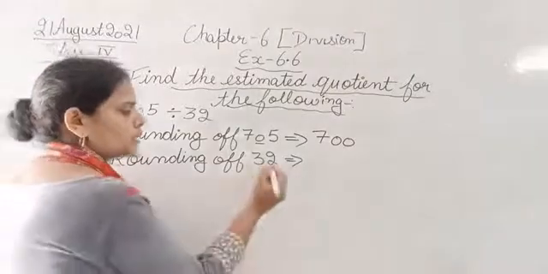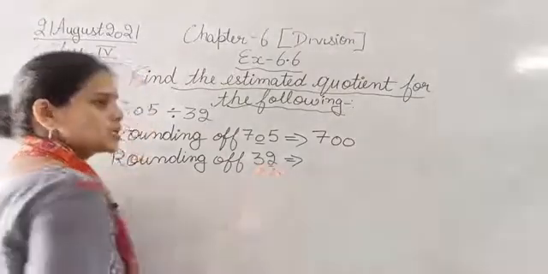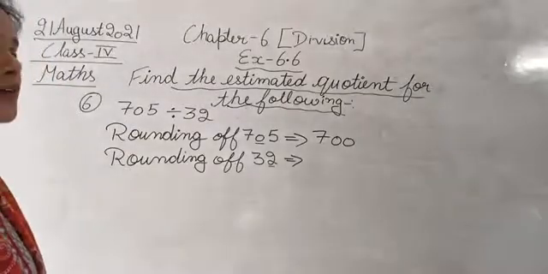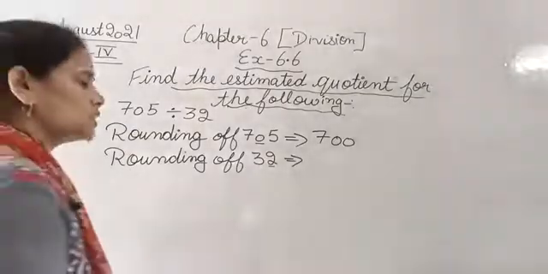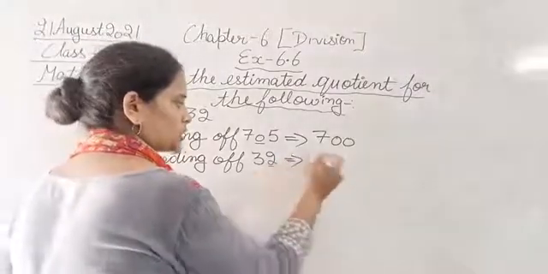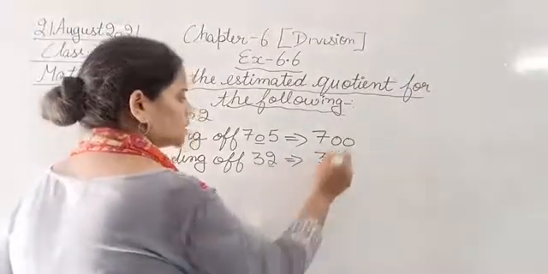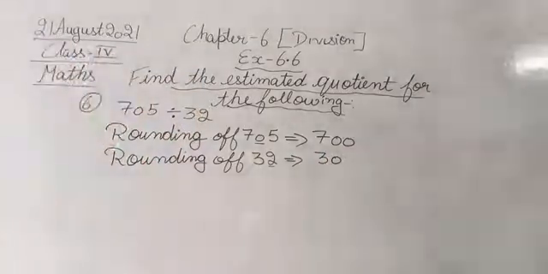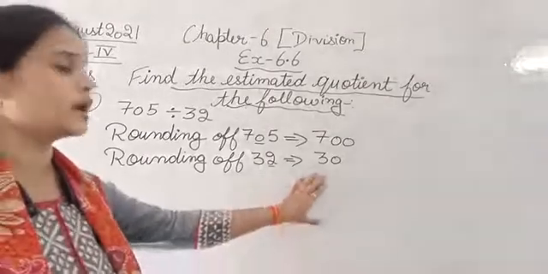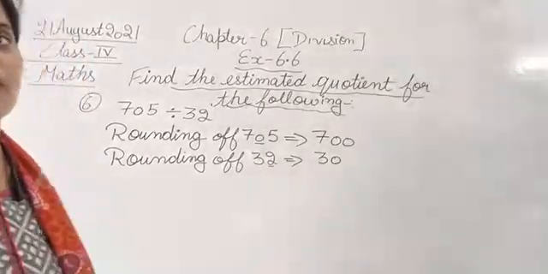We will observe the digit at the ones place. At the ones place we have 2, which is less than 5. So we will round it off to the previous tens. Before 32, the previous tens is 30. So after rounding off 32 to the nearest tens, it will become 30.